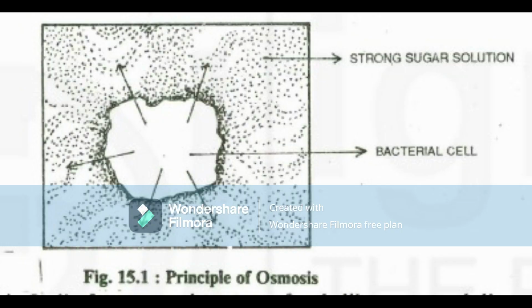Yeasts and molds, however, can tolerate this dehydration much more than bacteria can. Hence, you sometimes find yeasts and molds growing on high sugar or salt products where bacteria cannot grow, for example on jams and pickles. Figure 15.1. Principle of osmosis. Look at the screen for table content.